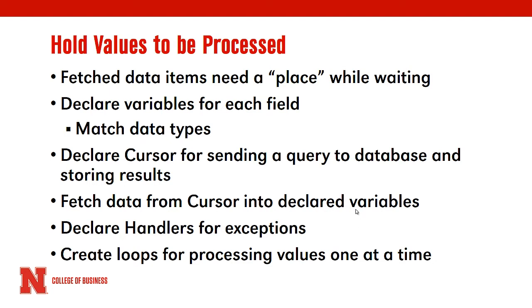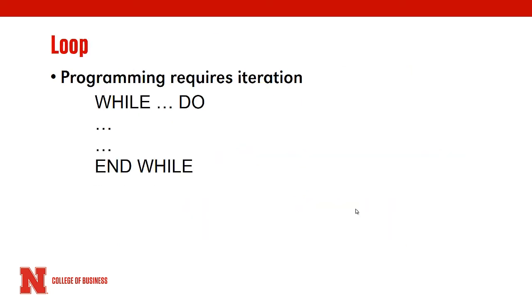Doing the process often involves going through a loop. That means, for example, if you have 10 rows of data and you're going to process them, you need to create a loop to look at those values one by one, do the process, and return the results one by one. So that loop is required. One example of a loop is a while loop.